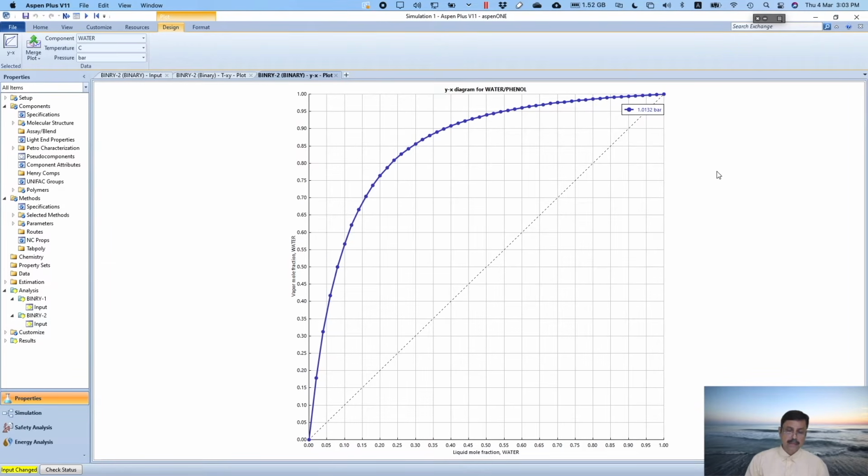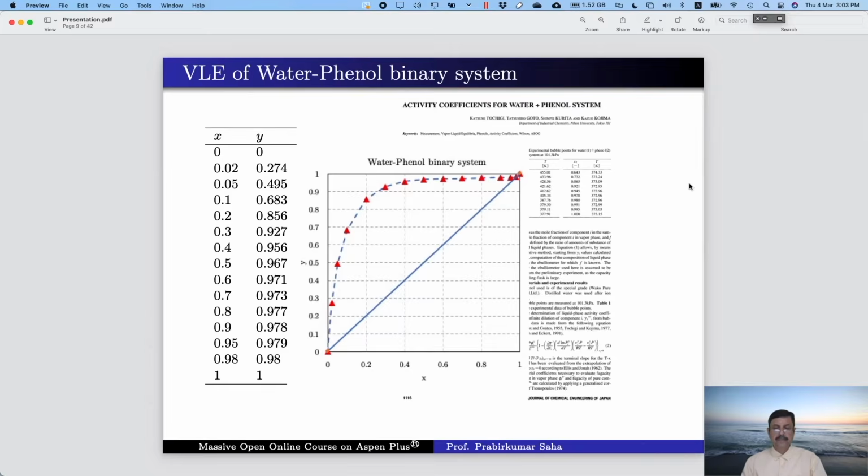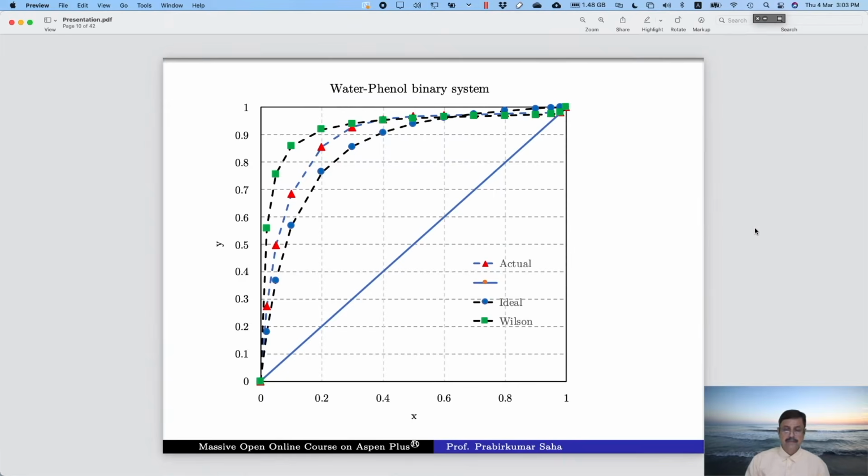Now can you compare this with this? Yes, we have done. And this is the comparison. This is the actual curve, the red triangles, and the ideal curve is the blue circles. Surely they do not match with each other.